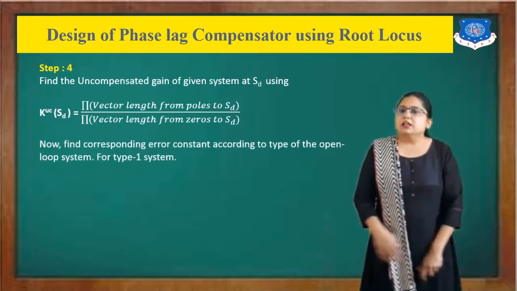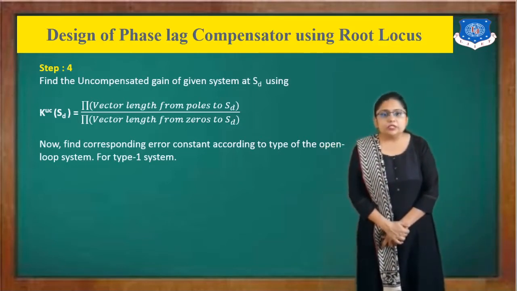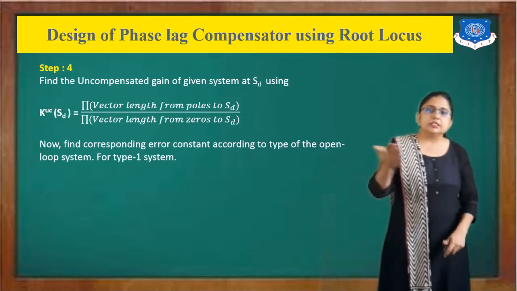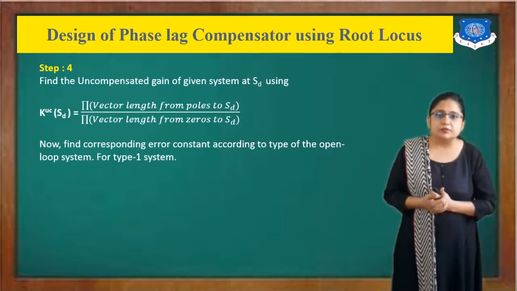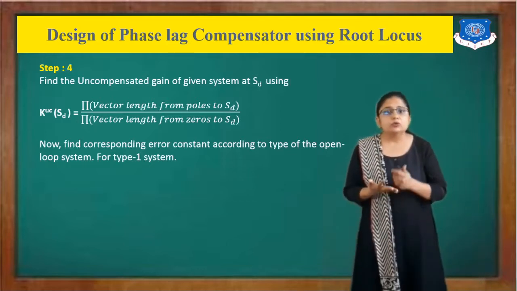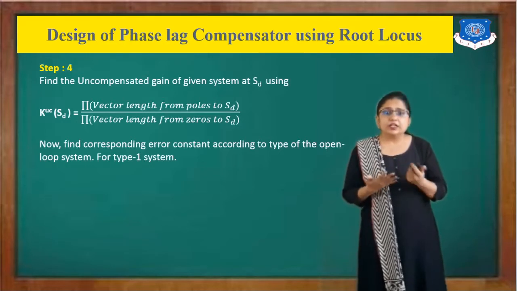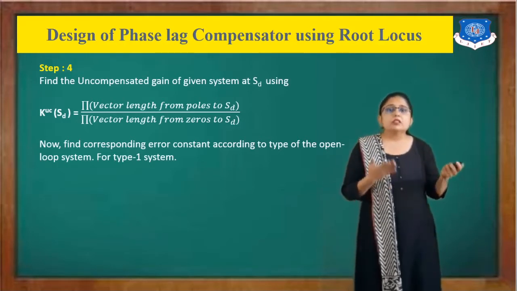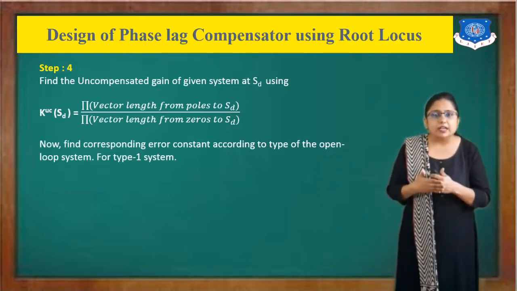Now we have to find the constant according to the type of the open loop system. As we already studied in control systems, there are type 0, type 1 and type 2 systems. How can we say this is type 0, type 1 or type 2? That is decided by the power of s.